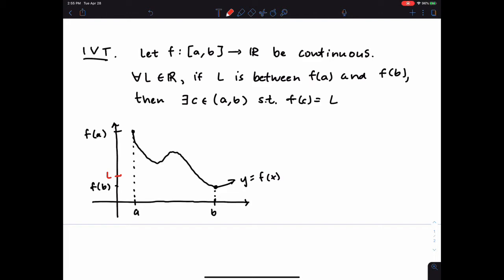And it could be that f of b is the larger number than f of a. I'm just showing one example. For any number that you pick, there has to be a place where the function achieves that value.